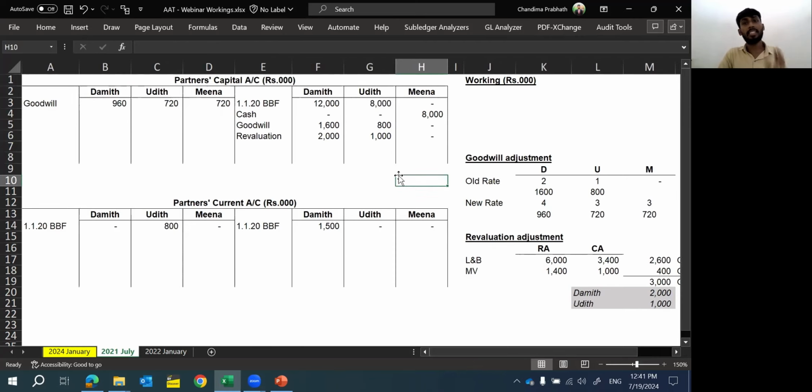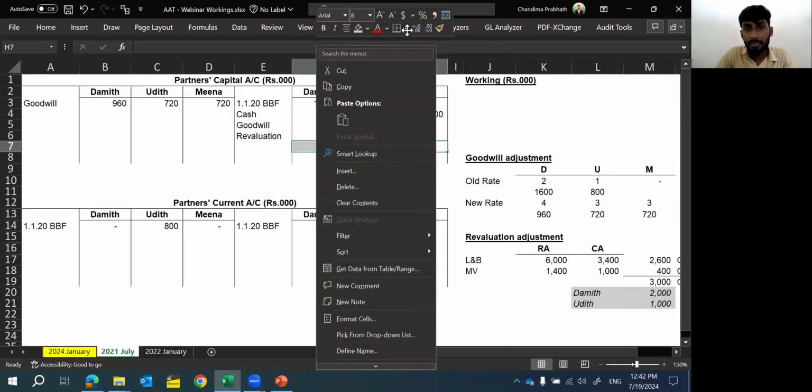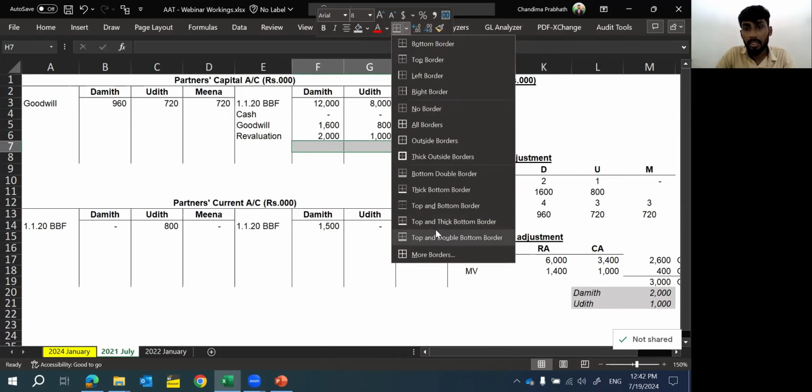Now we can balance this account and get the capital account figure to calculate the total interest on capital. So let's balance off this account.